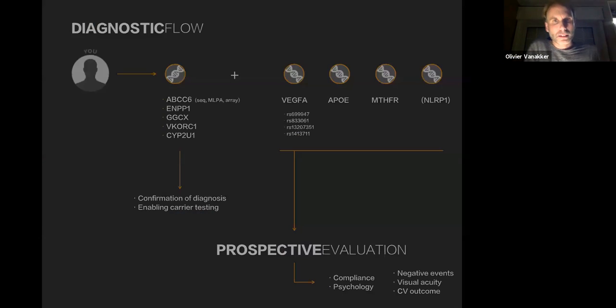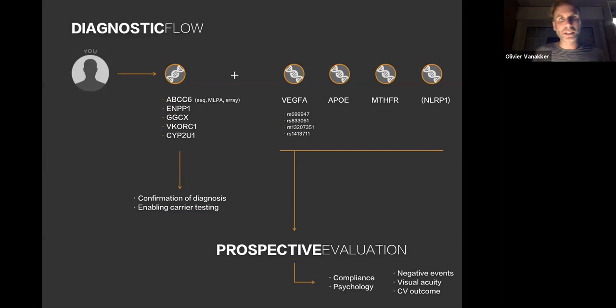But this is why in a diagnostic flow that we screened for several genes. Some of them I've discussed, ABCC6, ENPP1, GGCX. There are 2 others that are novel ones that may be related to PXE to confirm the diagnosis and to enable carrier testing.